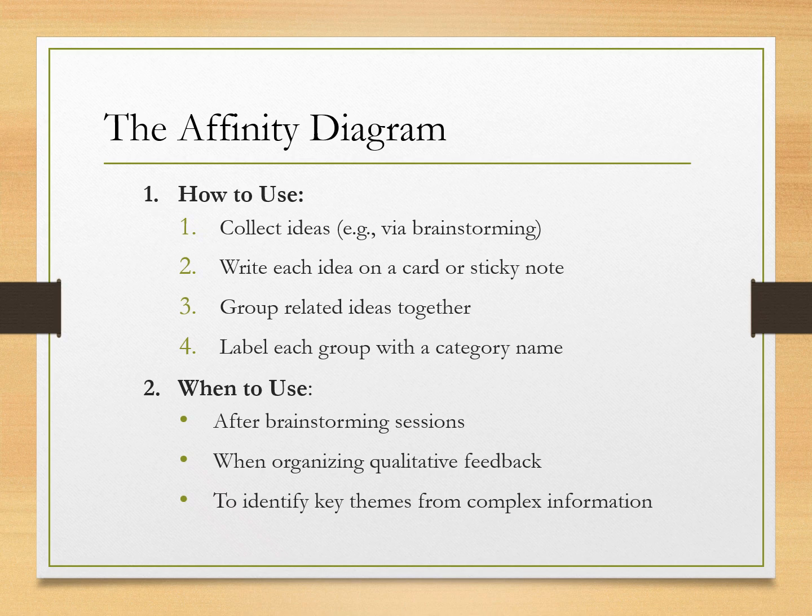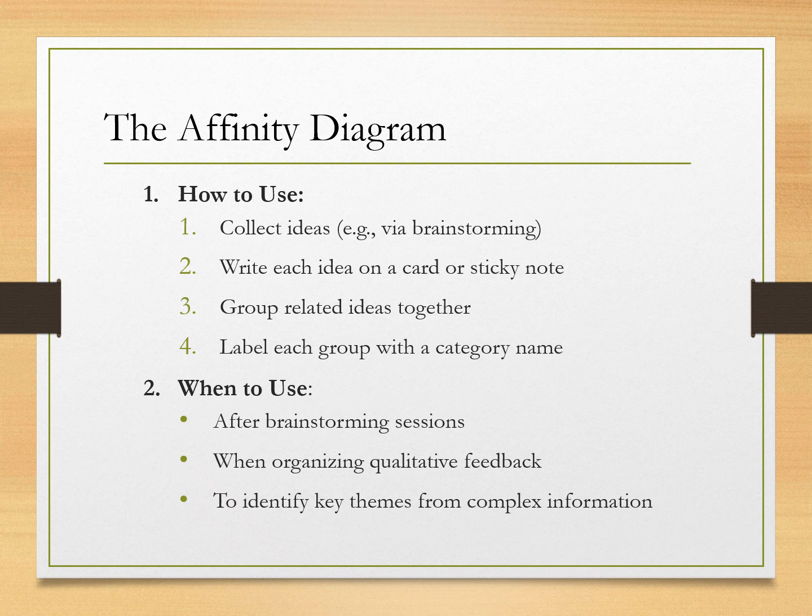Now, let's look at how we can actually use the affinity diagram. It's simpler than you might think, and it's actually quite fun. First, we collect ideas, usually through brainstorming with the team. Then we write each idea on a separate card or sticky note. And here's where it gets interesting.